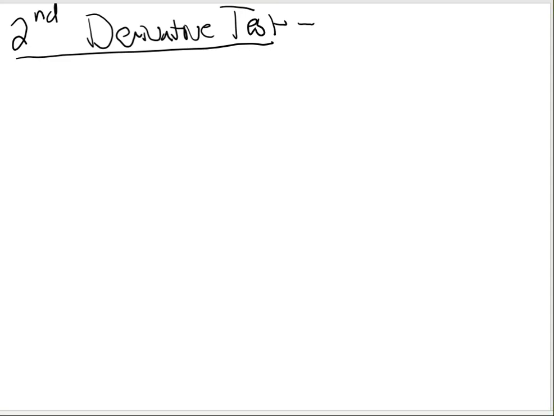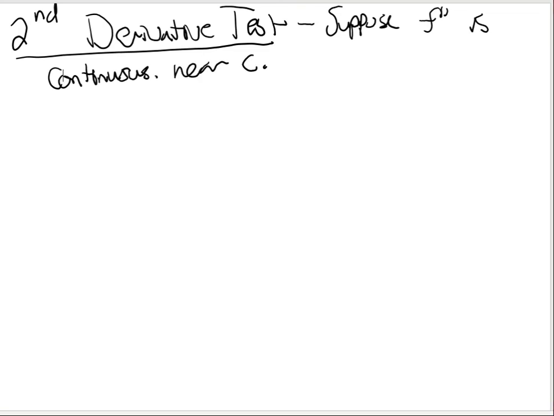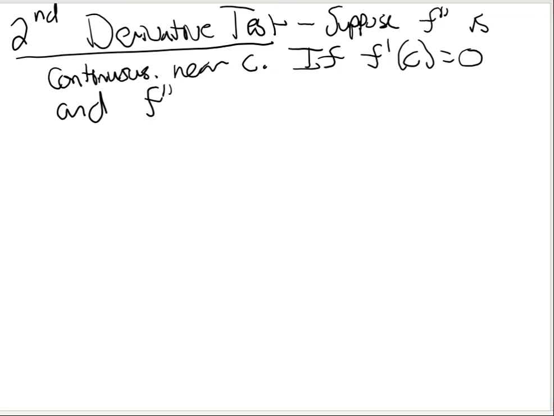So what the second derivative test says is, suppose your second derivative is continuous near a point C. If your first derivative applied at C is 0, so that C is a critical point, and your second derivative is greater than 0, then f of C is a local min.